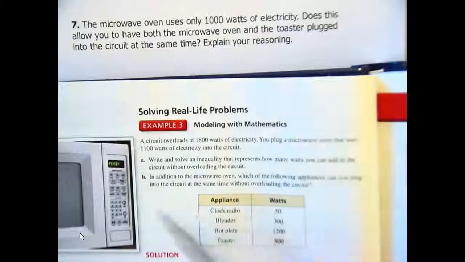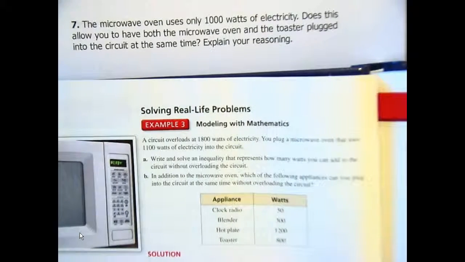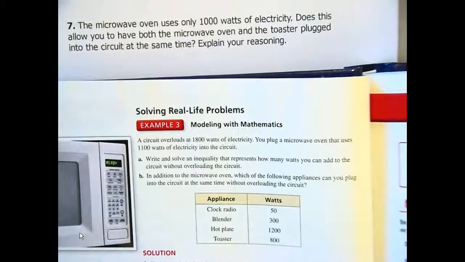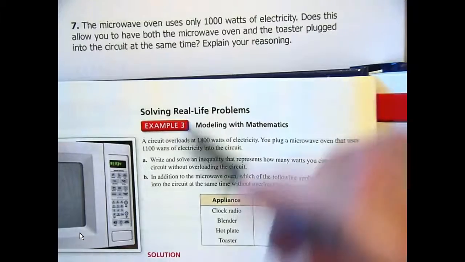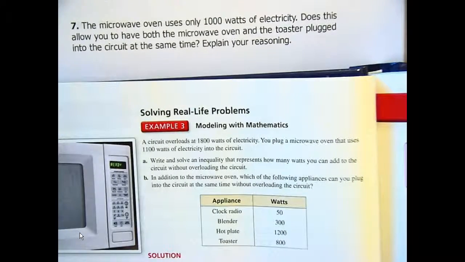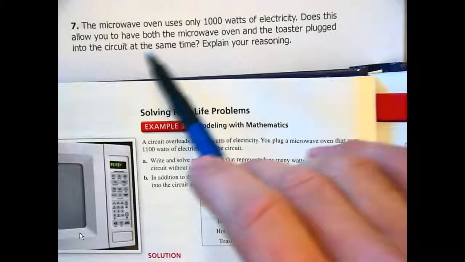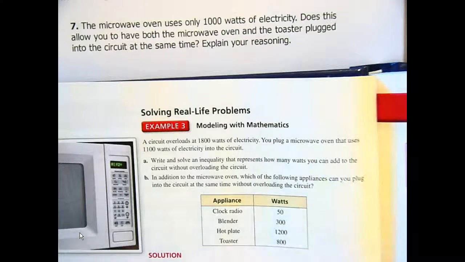All right. Write and solve an inequality that represents how many watts you can add in addition to the microwave oven. Which of the following appliances can you plug into the circuit at the same time? Here are other appliances: a clock radio, a blender, a hot plate, and a toaster. The microwave oven uses 1,000 watts of electricity. Does this allow you to have both the microwave and the toaster plugged in at the same time?